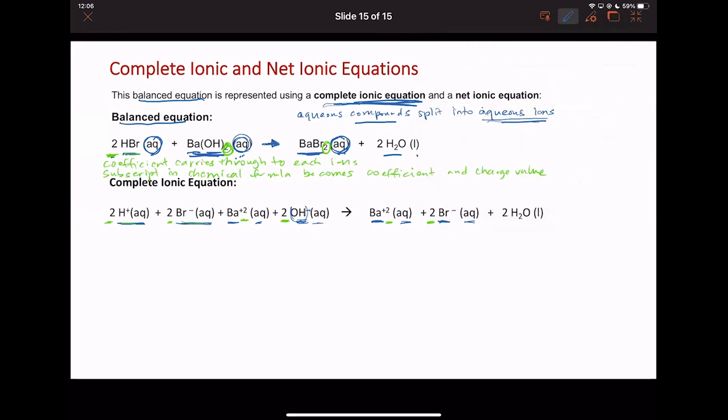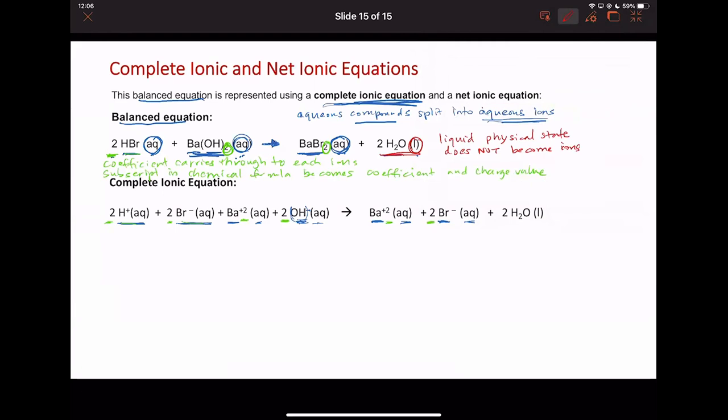Now, one thing that does not break apart is anything liquid. So liquid physical state, that's L, does not break apart. So it does not become any of those aqueous ions.